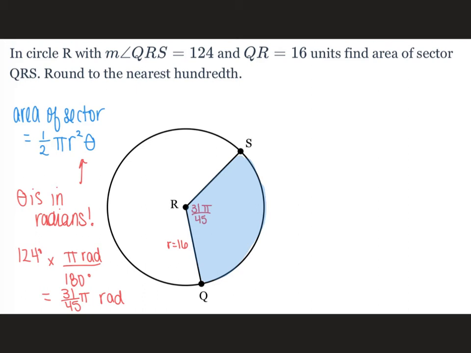So let's write our formula over here. It's going to be 1/2 pi r squared theta. When I'm plugging this in, I'm going to get 1/2 pi, my r is 16, so I'm going to have 16 squared, and then my theta is 31 pi over 45.